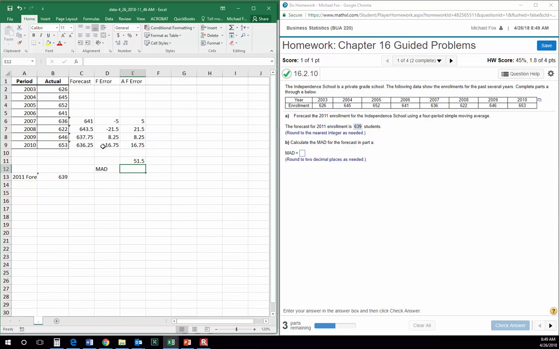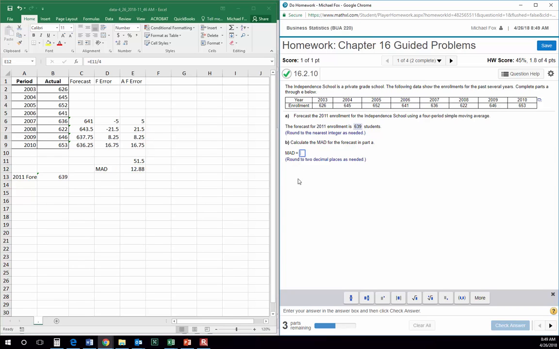There are 4 of them for which we have an absolute forecasting error. So n is 4, and the sum divided by n gives us our MAD. They're asking us to round to 2 decimal places.